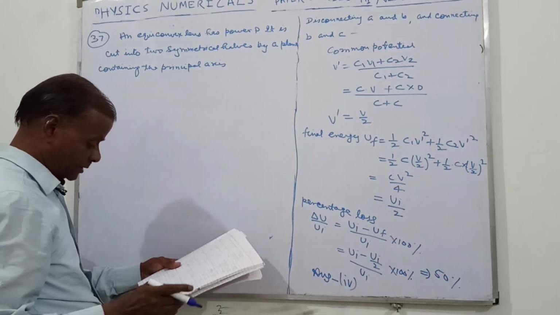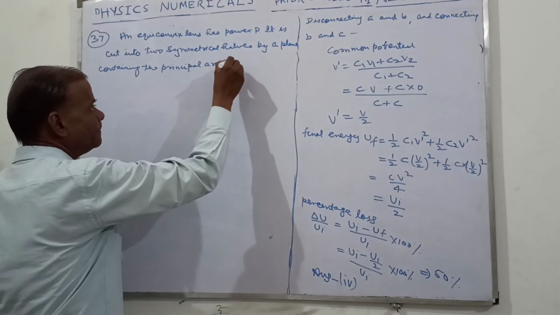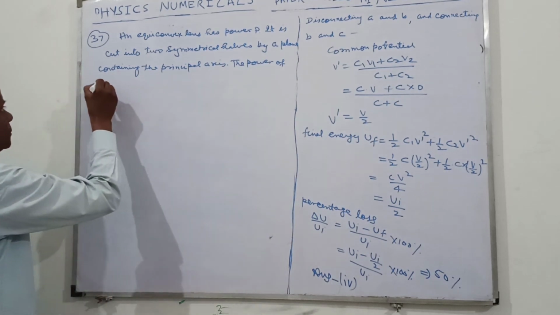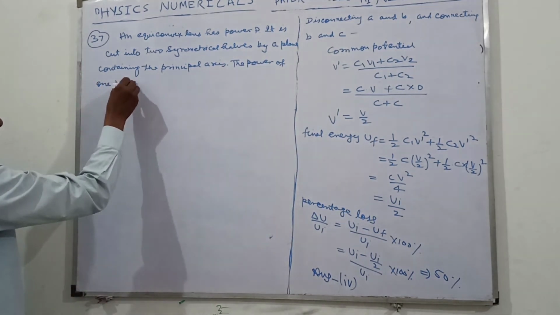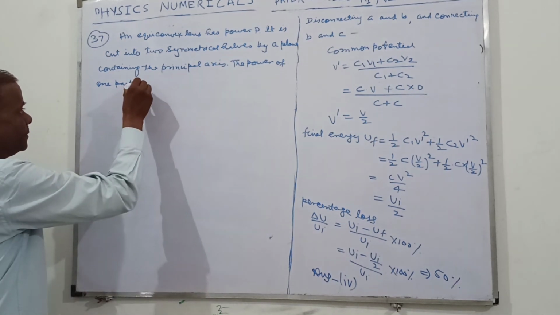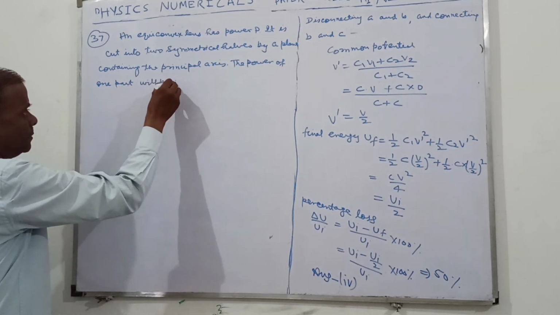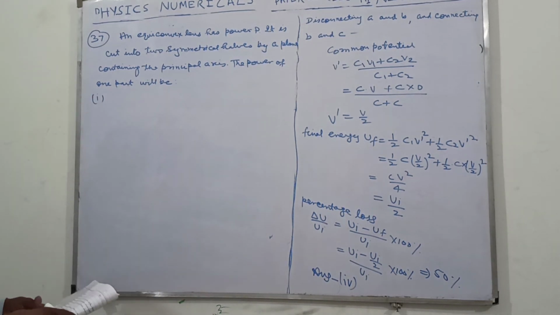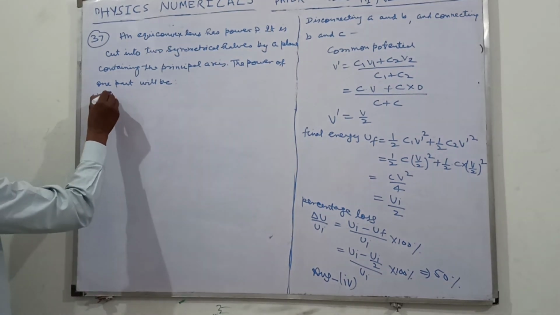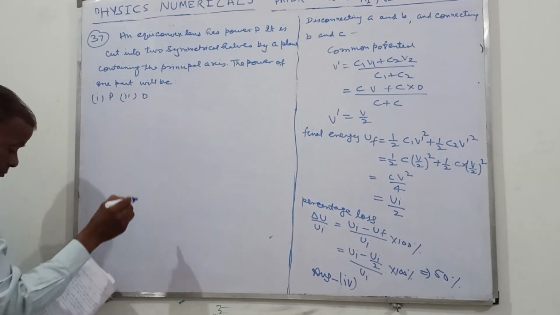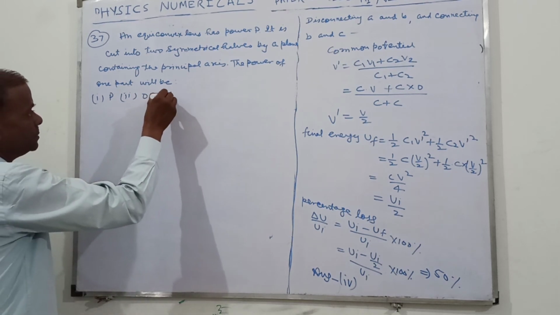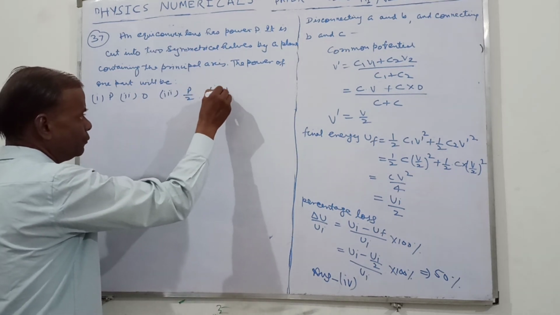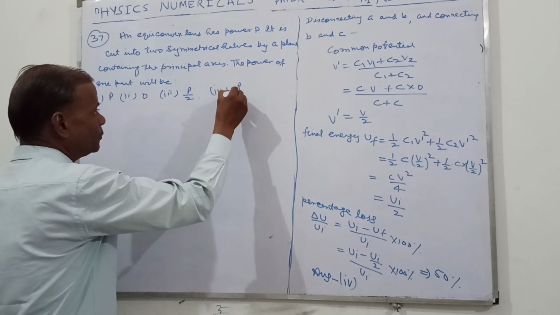The power of one part will be. Now the options are: first, P; second, 0; third, P upon 2; and fourth, P upon 2.